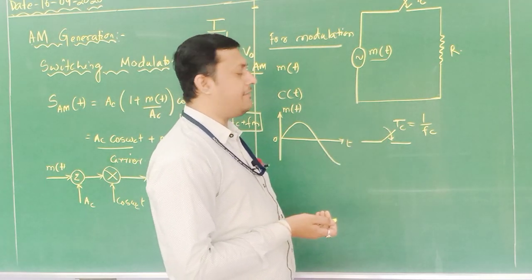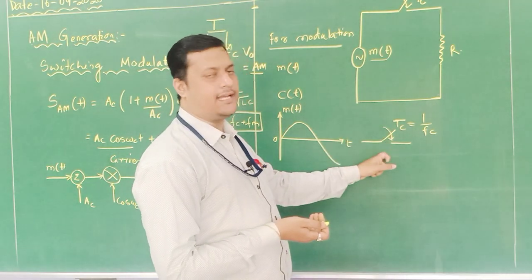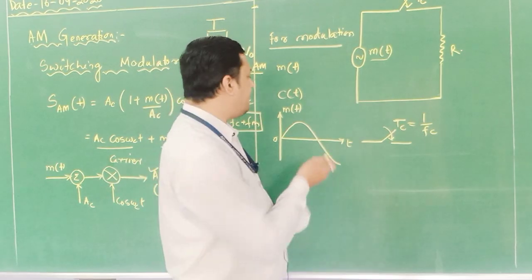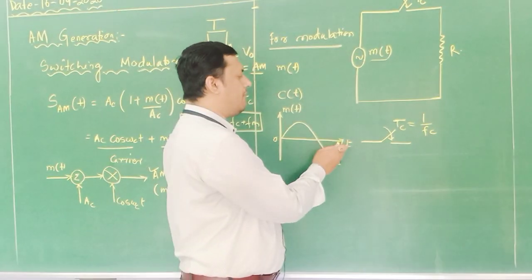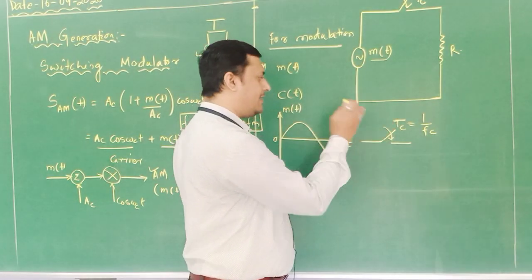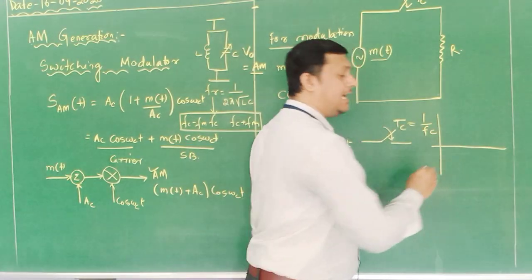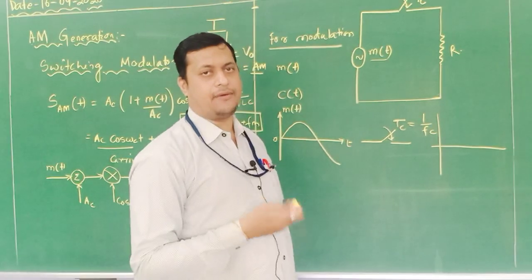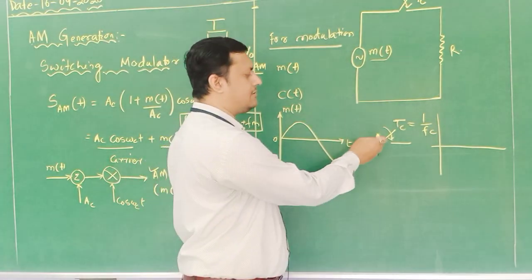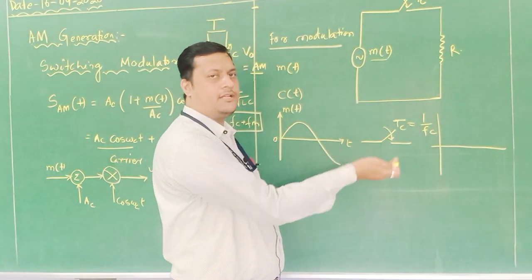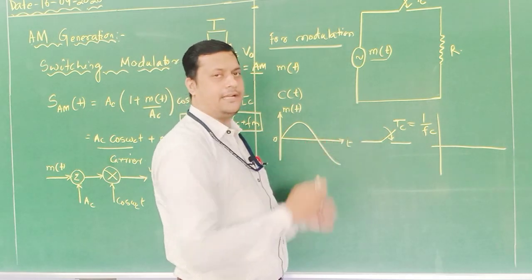Now once this Fc is done, the switching time period is monitored. When I am feeding this message component to this switch, the resultant output I will get is a number of samples. Why is it a number of samples? Because this switch will switch on and off when the message component is received.